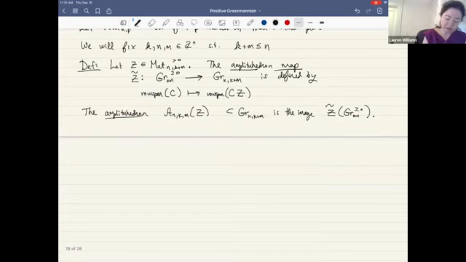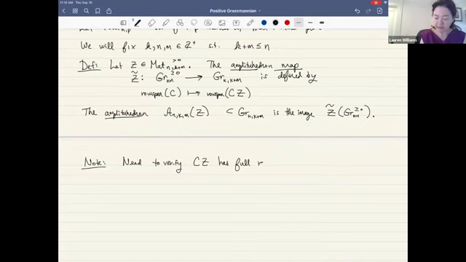And of course, as I mentioned before, one needs to verify that CZ has full rank, but this is something that's fairly straightforward to do, and it does follow from the condition that Z is positive and C is positive.